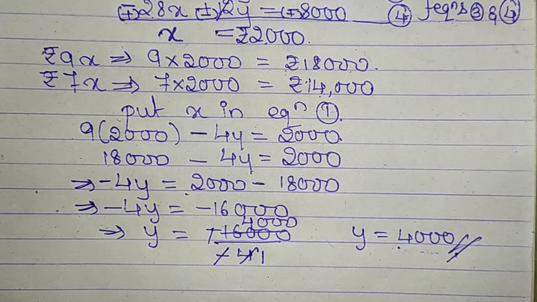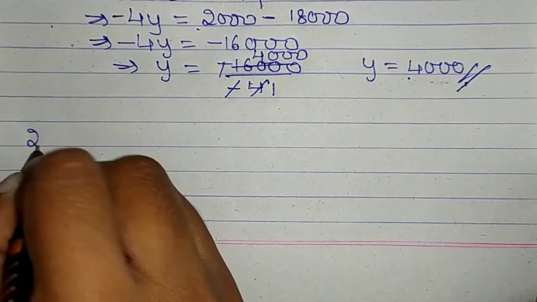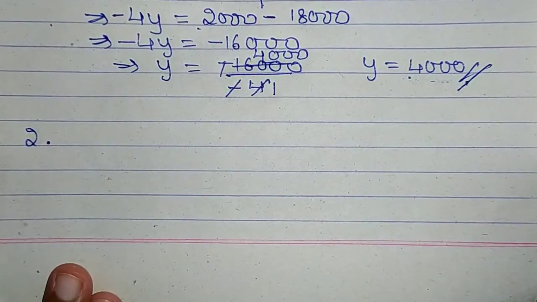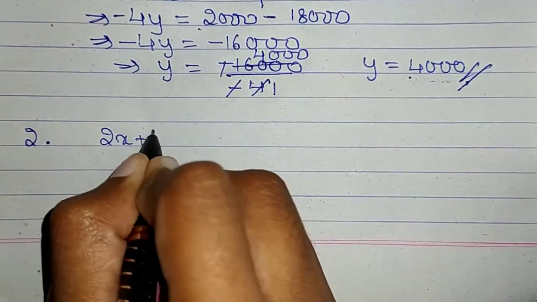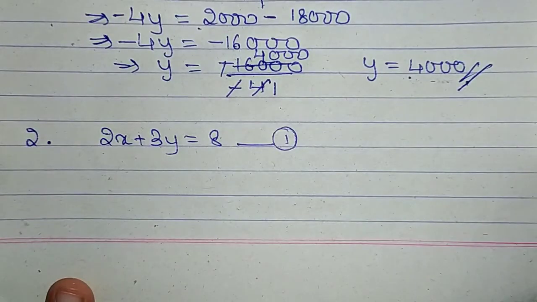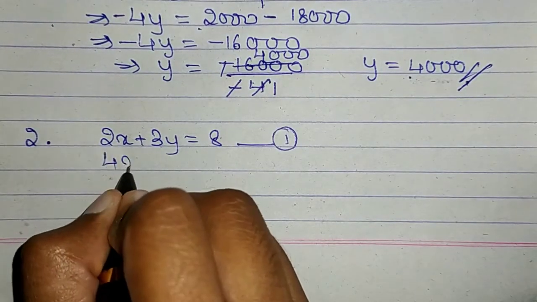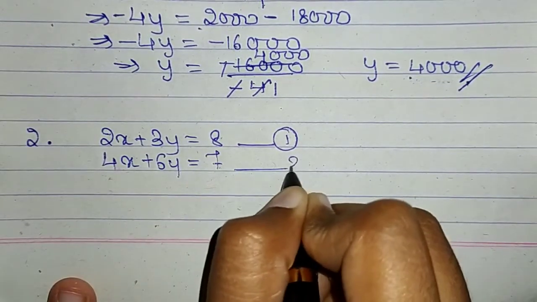Now the second question is, use elimination method to find the possible solutions for the equations 2x plus 3y is equal to 8. This is our first equation, and 4x plus 6y is equal to 7. This is our second equation.